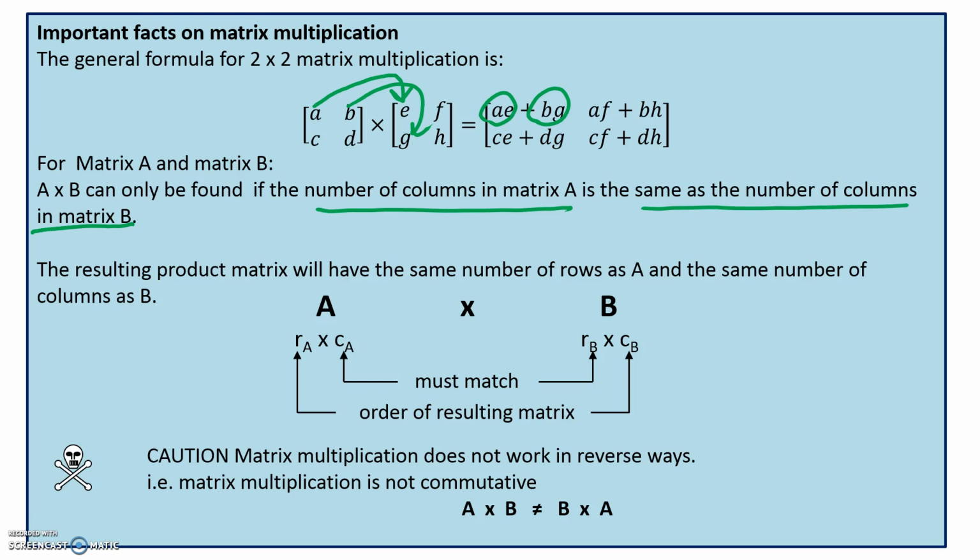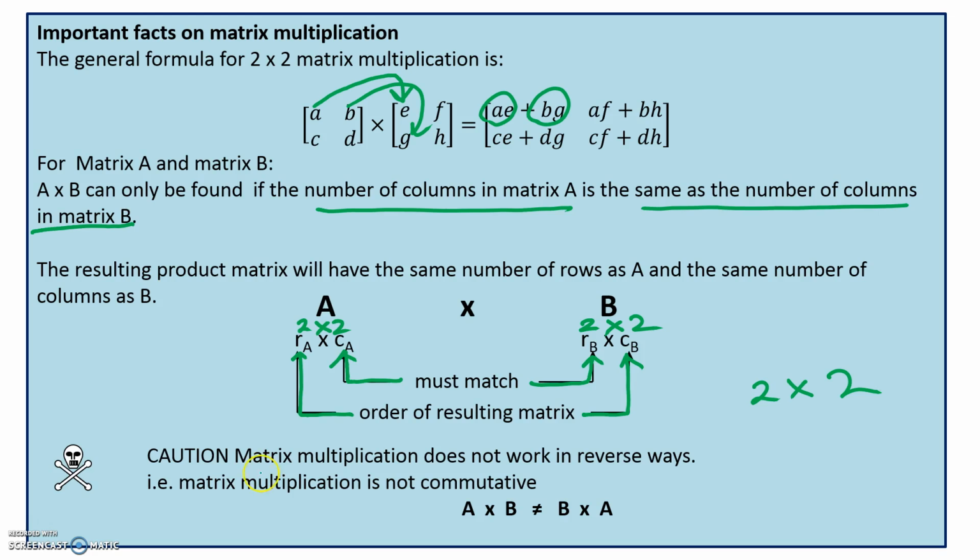The last thing is, if we have a look at this general rule, the resulting matrix will have the same number of rows as A and the same number of columns as B. So I've already done that. We have our 2x2 and our 2x2 example that we've just done. We know columns in A must match the rows in B, and our answer will have the order of what is written on the outside, and we knew that was a 2x2 matrix.